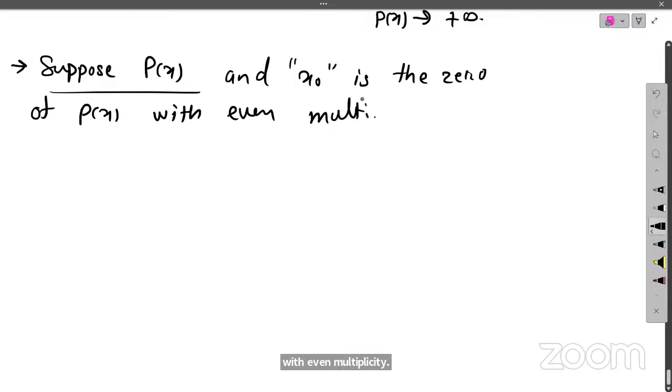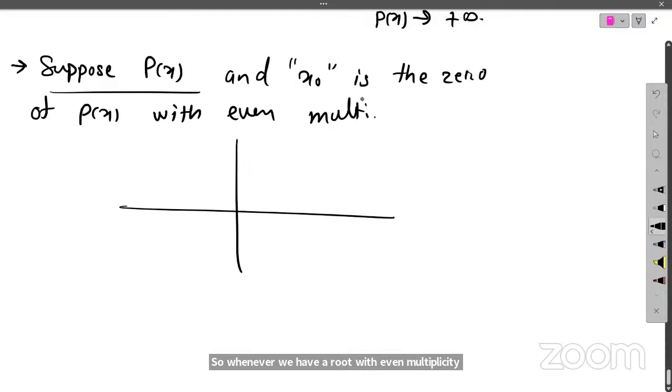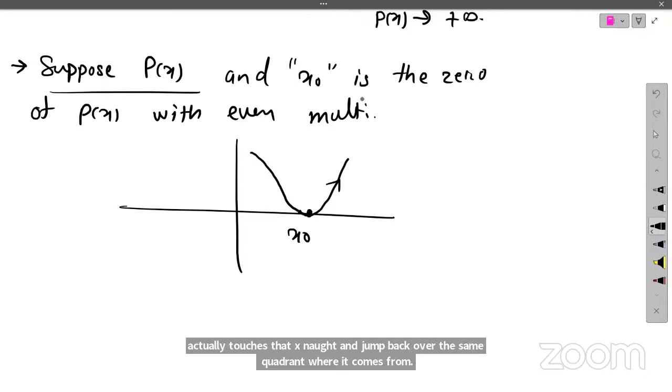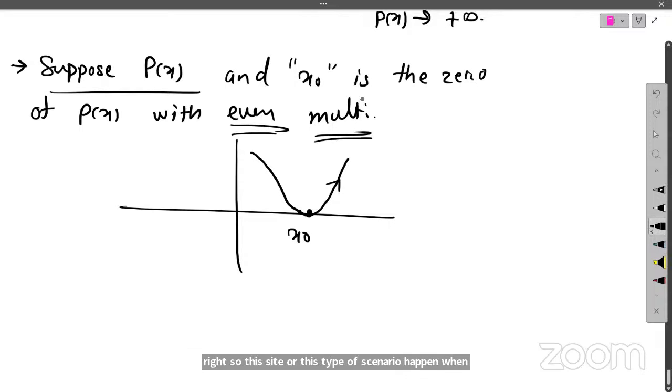Whenever we have a root with even multiplicity, what happens? Suppose my graph is starting from here, then it will go to this particular x0 and it won't cut the x-axis. It actually touches that x0 and jumps back over to the same quadrant where it came from. Right? So this type of scenario happens when we have a root with even multiplicity.